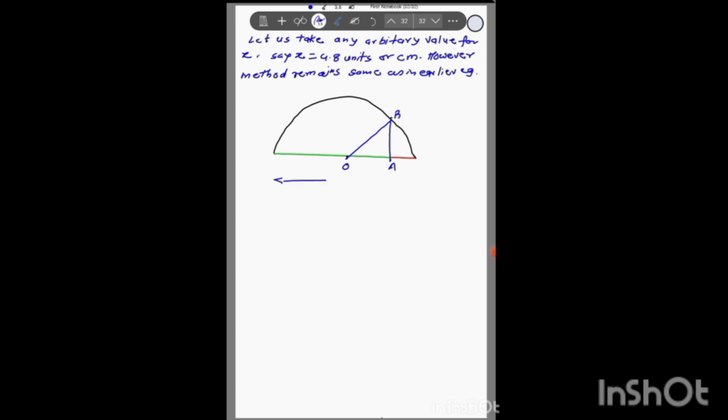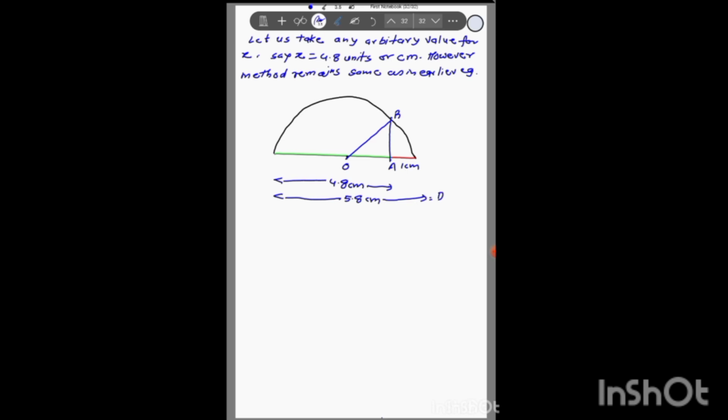Now this is 4.8 centimeter as we have drawn earlier, and this is the extended part 1 centimeter. So the total is from here to here, it is 5.8 centimeters, which is the diameter of the semicircle.